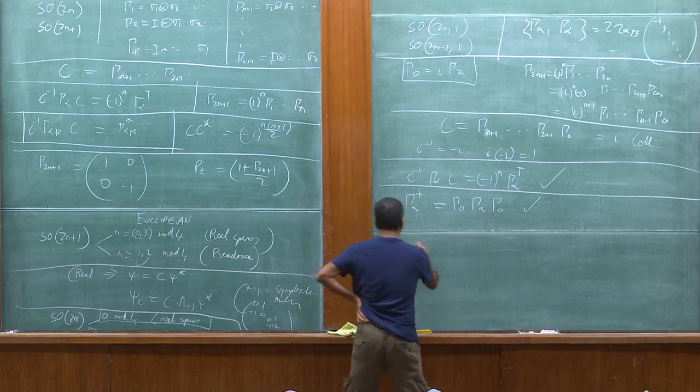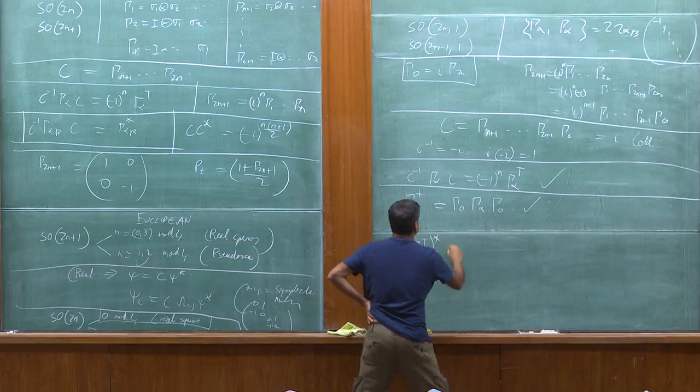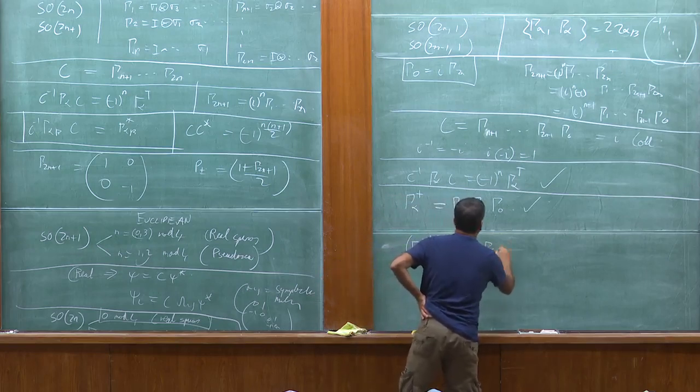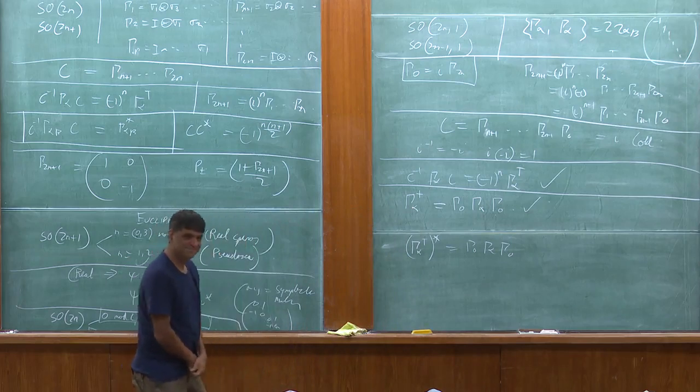Okay? So we have gamma alpha transpose and then star is equal to gamma 0, gamma alpha, gamma 0. Right?